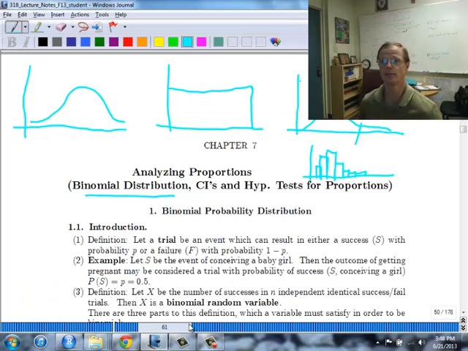So what is the thing? The binomial probability distribution is defined as this guy right here. It's the number of successes in n independent, identical success-fail trials. A trial is a single case. That would be the single flower that has a 25% chance of success or not. That's always going to happen. You get 27 of those, and then you count up how many successes did I get. Each flower is independent.